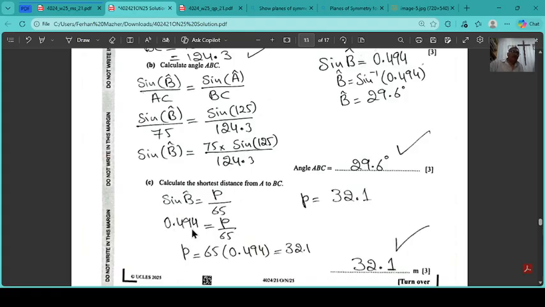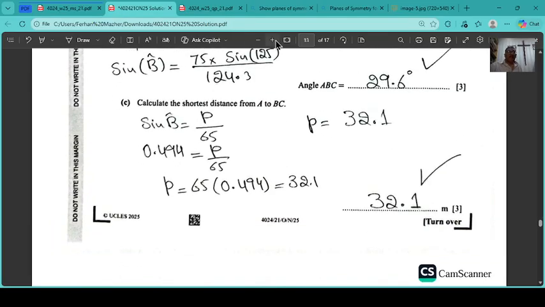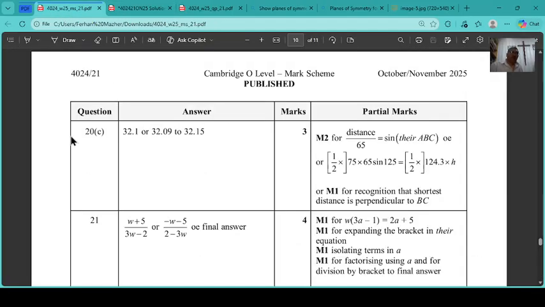The perpendicular P from A onto the BC side divided by the hypotenuse, 65, so 65 will go on the other side and multiply. So P is equal to 65 multiplied by 0.494, and that will be equal to 32.1 meters.